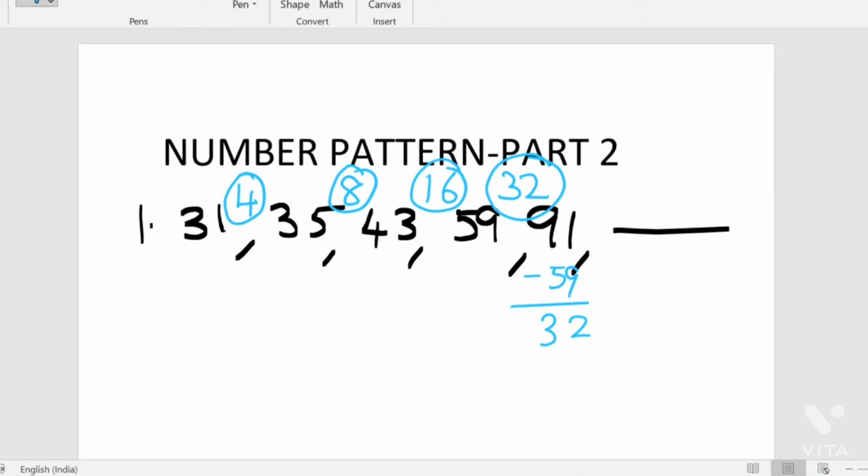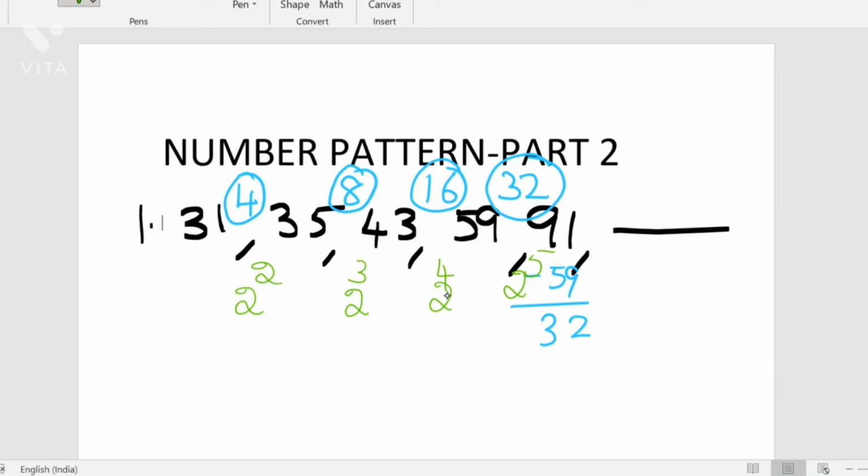So what is the relation? It is the powers of 2. Here it makes 2 squared, here 2 to the power of 3, 2 to the power of 4, 2 to the power of 5. So the next number we can easily find now.